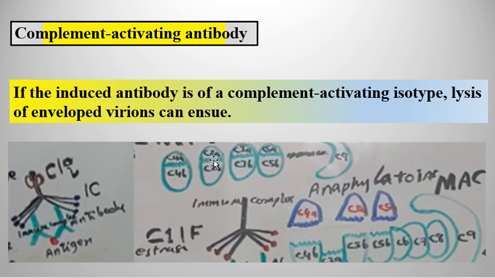This leads to formation of the so-called membrane attack complex, or MAC, and also to formation of anaphylatoxins. This mediates an inflammatory milieu, which makes the area unfavorable for the viruses to stay and replicate. The MAC also has the capacity to lyse enveloped virions.